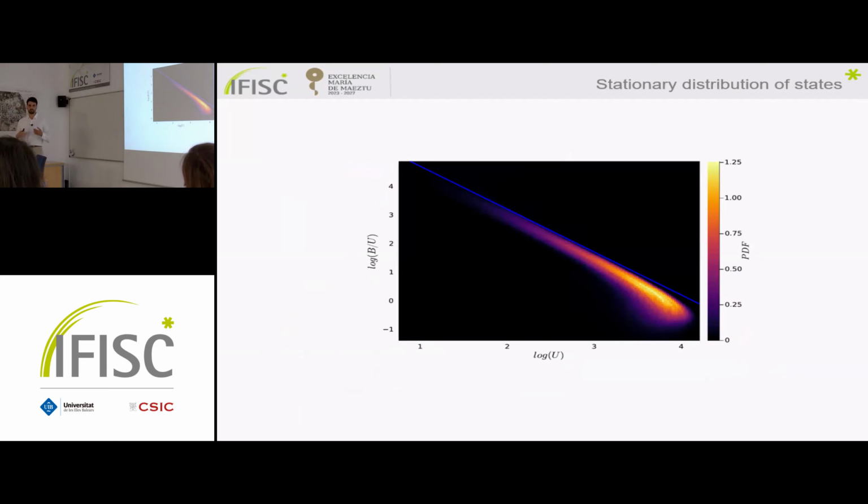If we run the system with this kind of disturbance for long times, we go to this stationary distribution of states, where if we measure at a random moment a colony that has been living for a long time, we expect it to follow this kind of distribution. And here again, we see this power law.